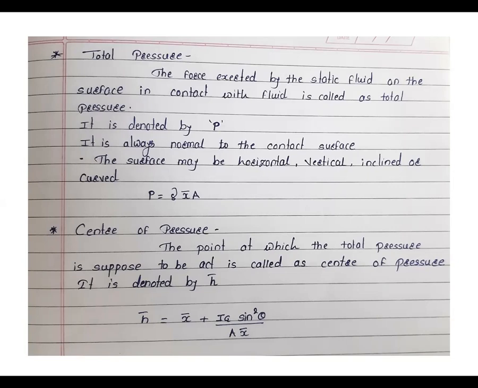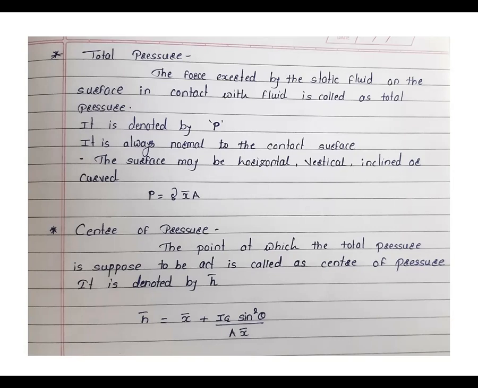Now, the next part in this chapter is total pressure. The total pressure is the pressure intensity multiplied by its area, the whole pressure which acts on the particular surface.